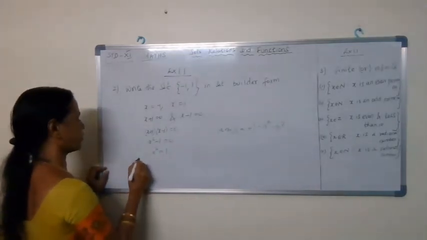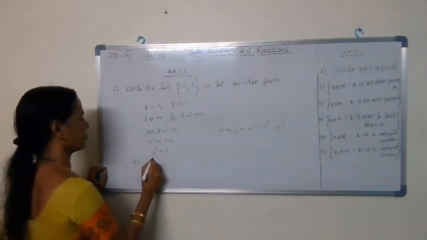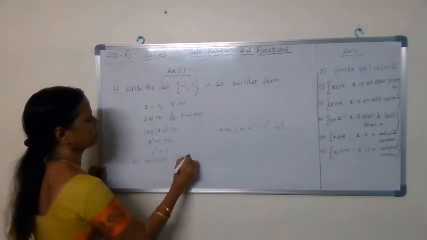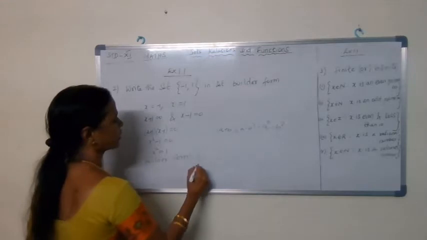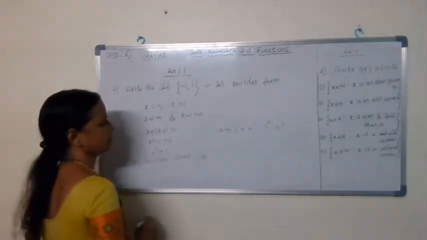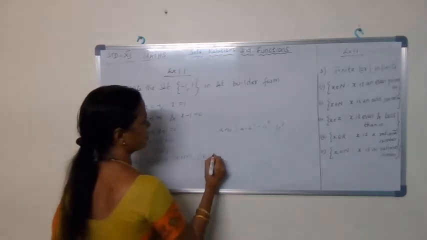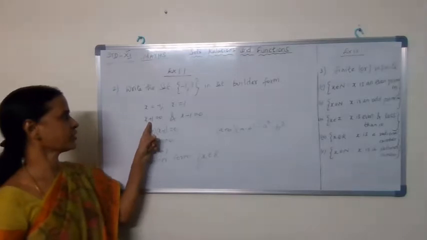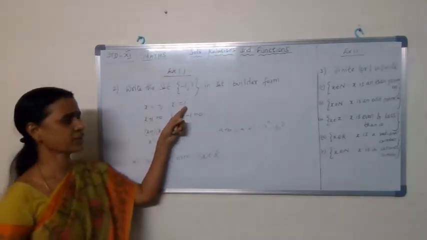Set builder form. How do you write set builder form? Set of x, where x is a real number, because x values are +1 and -1.